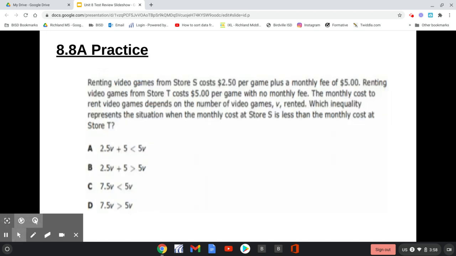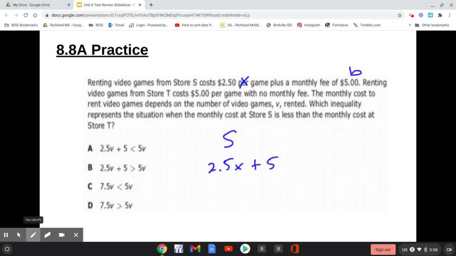Next one. Renting video games from store S costs $2.50 per game. Okay, so 2.5x, and a monthly fee of $5. That's your B. The next company, store T, costs $5 per game and no monthly fee.